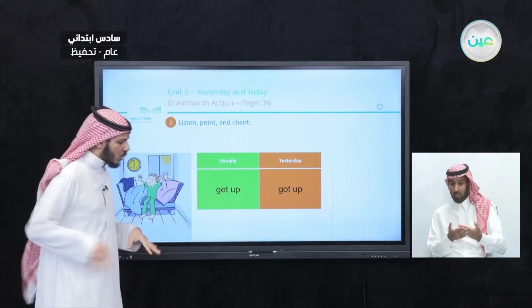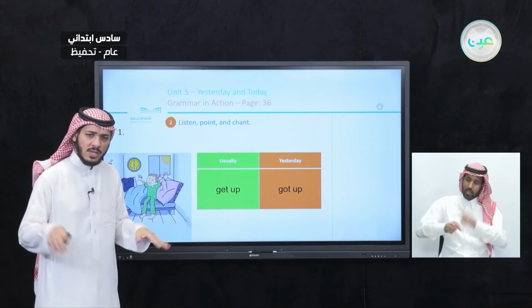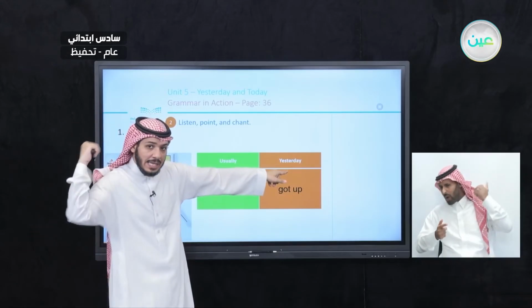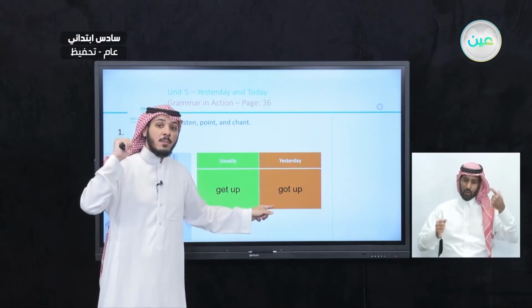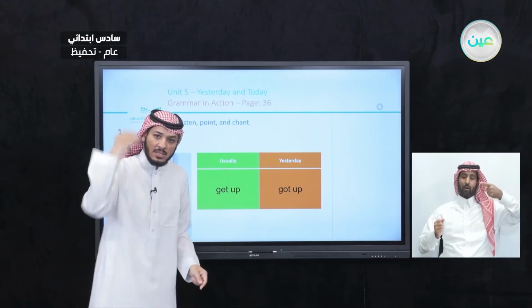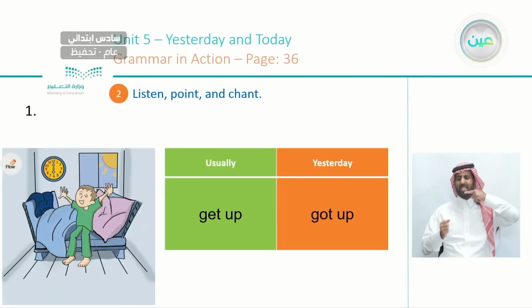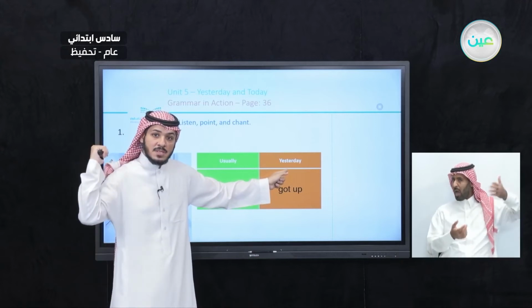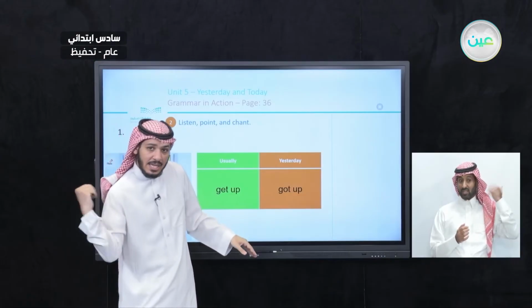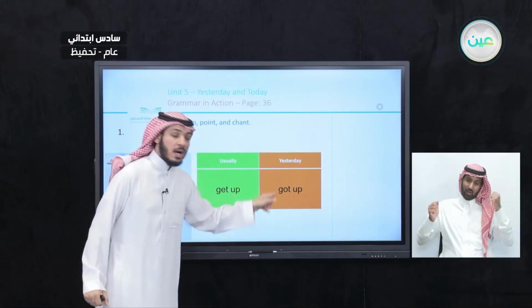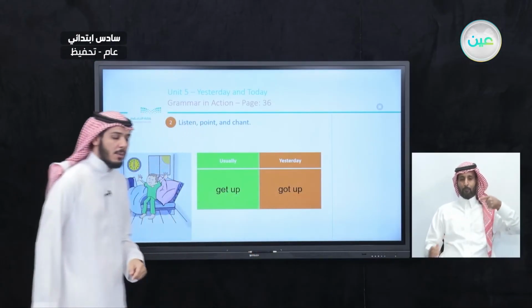Usually, I usually get up at 5, but yesterday I got up, not get up, got up, at maybe 6. Okay, so we have get up, got up. What does it mean usually? غالبا. What does it mean yesterday? أمس. Excellent. So we have usually get up, but yesterday I got up. So we have G-O-T, got up.